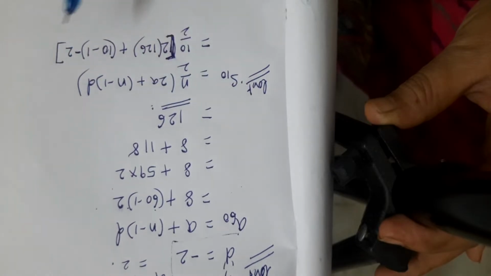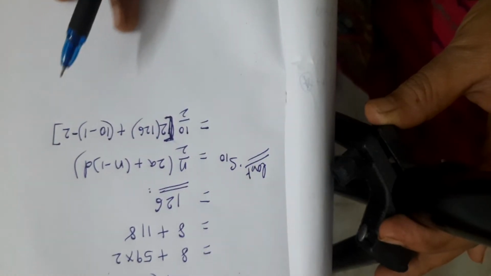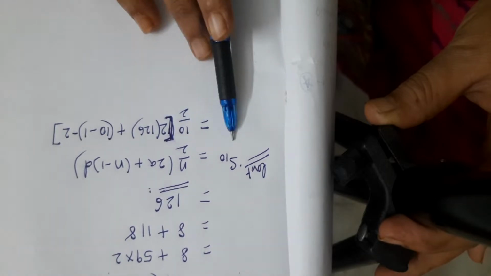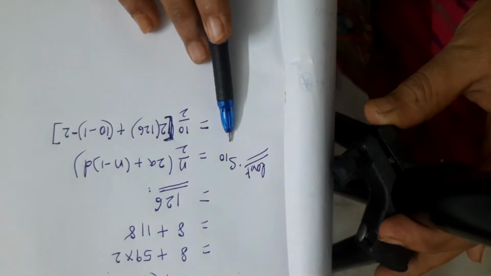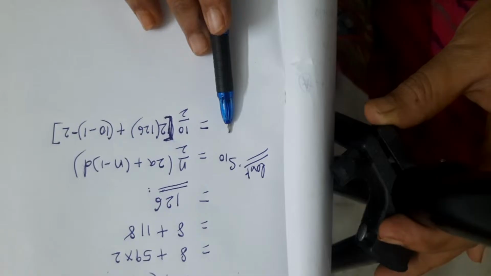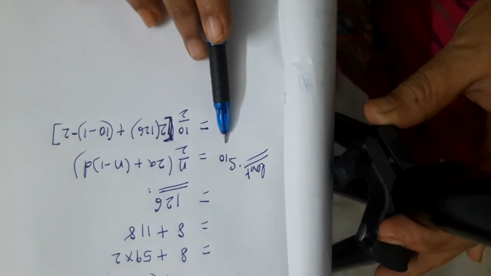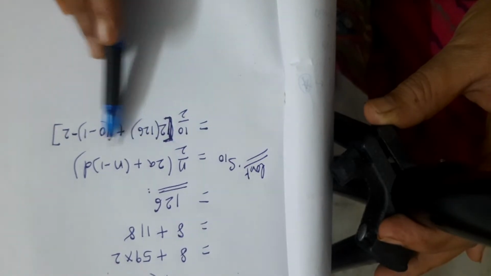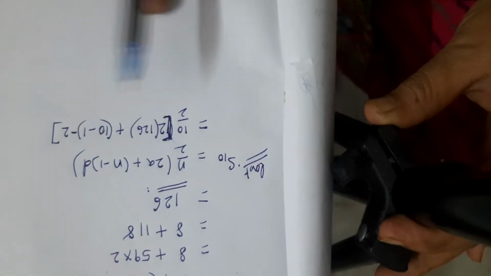Finally we calculated it to be 126. Next, we need to find the sum of the first terms: Sn is n by 2 times (2a plus (n minus 1)d).